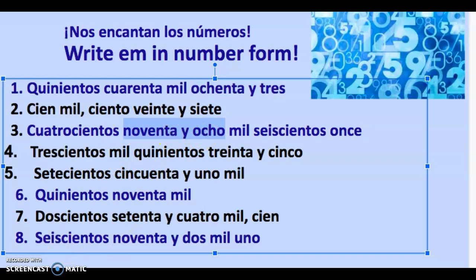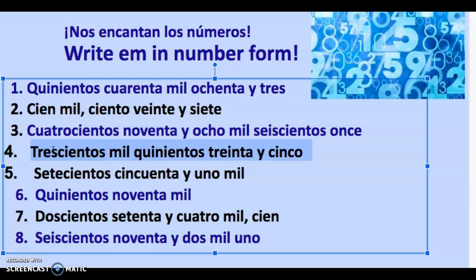So put me on pause and do number 1 to 8. Write down the number version of my written form. So here we are with number 1, 540,083. Number 2, 100,127. Number 3, 498,611.